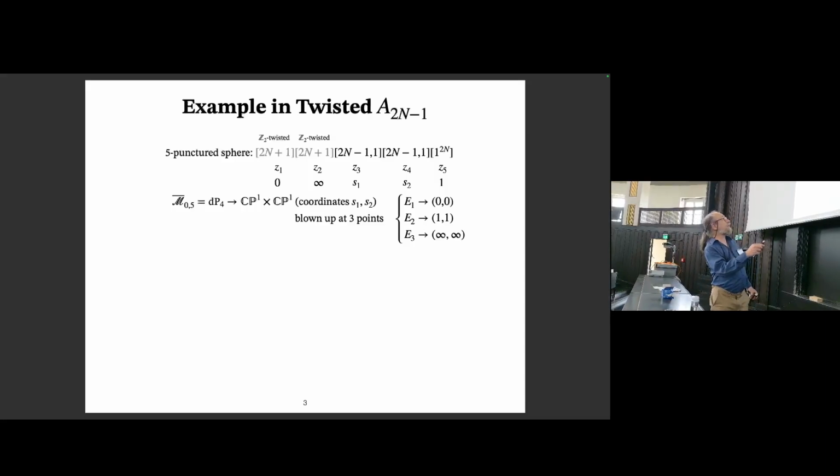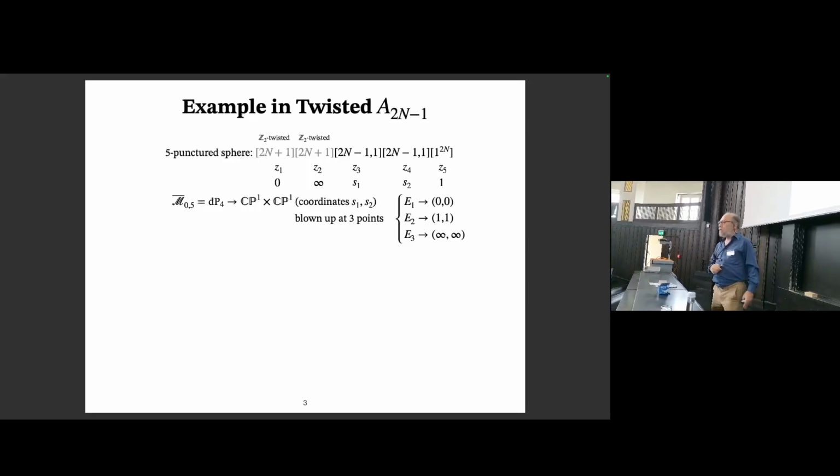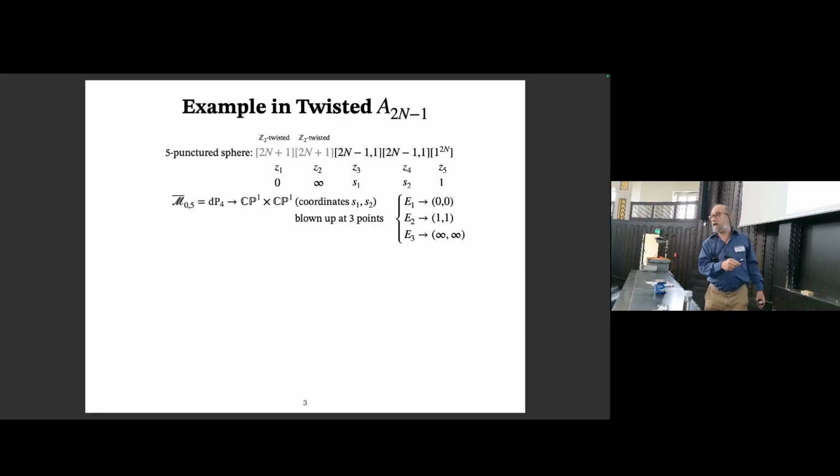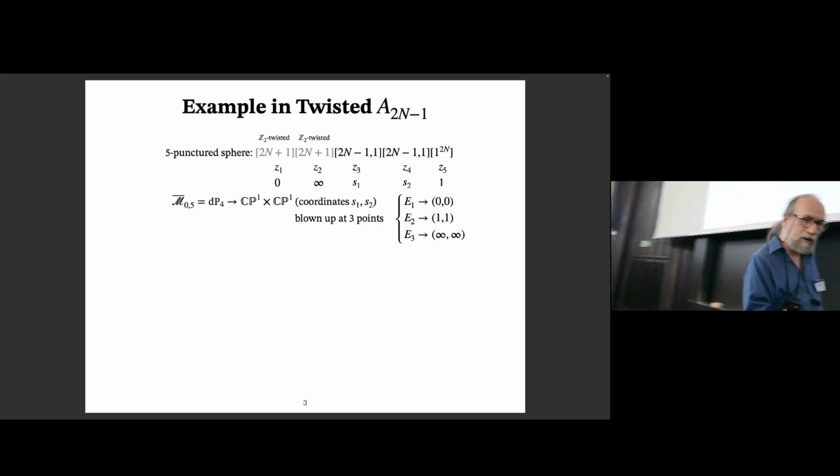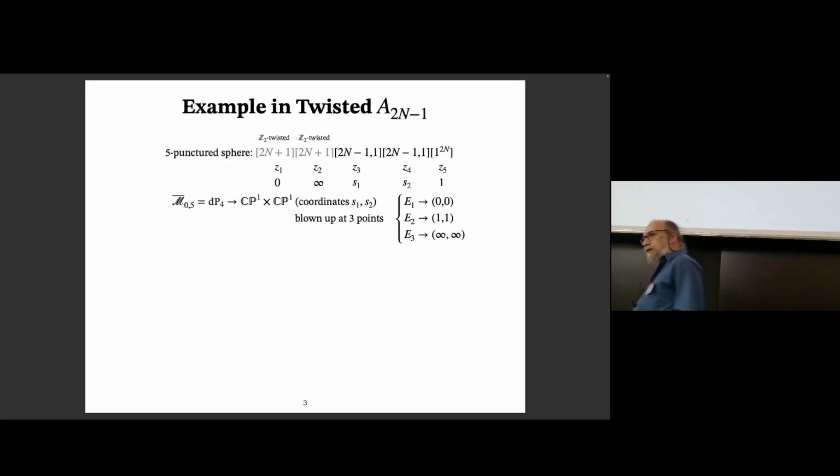And so there's a projection, so S1 is the coordinate on here, S2 is the coordinate on there, and the only thing we need to do to get the actual moduli space is blow up 3 points. Okay, so the actual moduli space is CP1 cross CP1 blown up at 3 points, also known as del Pezzo 4.